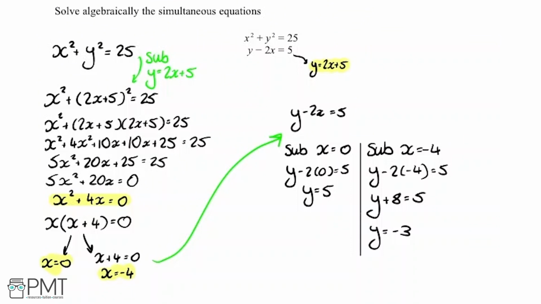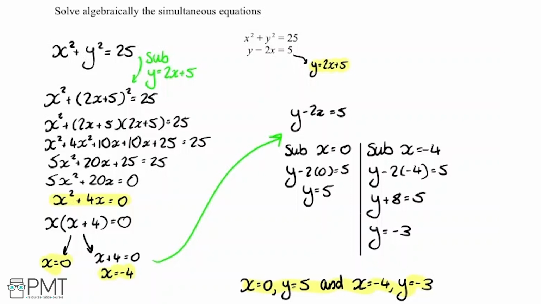So now we've got our solutions, and I'm going to write them out neatly because we need to remember that we've got 2 pairs of solutions. So you need to make them clear that they're linked together. So we've got x equals 0, y equals 5, and our other set of solutions is when x equals minus 4, y equals minus 3. And that here is our solution to the simultaneous equations.